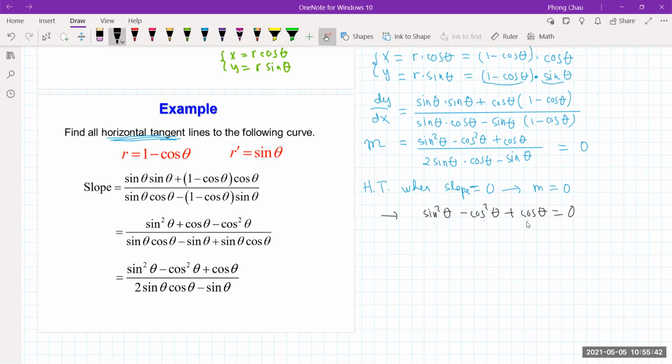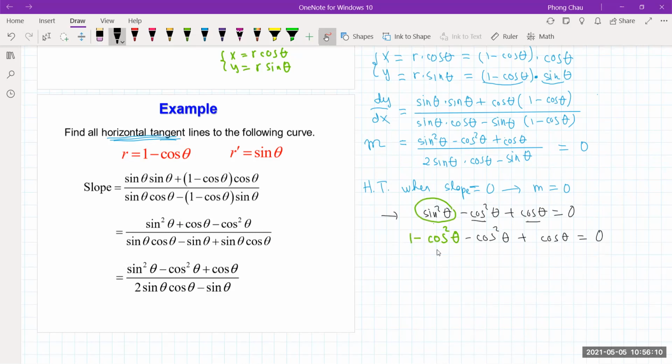Since I have cosine in two places, it makes sense to rewrite the sine squared in terms of cosine as well. And sine squared by the trig identity is 1 minus cosine squared. So we can convert everything to only one type of trig function, that's cosine.